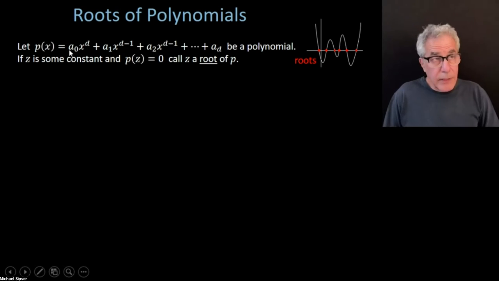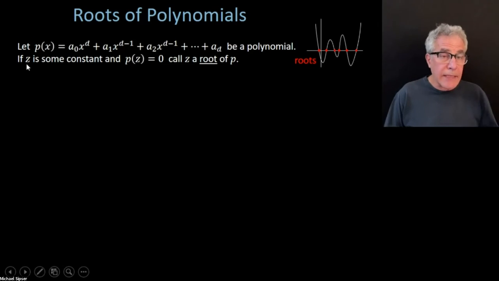These a's are constants. x is the variable of the polynomial, and I presume you've seen polynomials written out like this. And so if you assign x to some constant value z, and the polynomial evaluates to 0, we often call that a root of the polynomial. So these are the places where the polynomial evaluates to 0 that I've shown over here. Those are the roots.